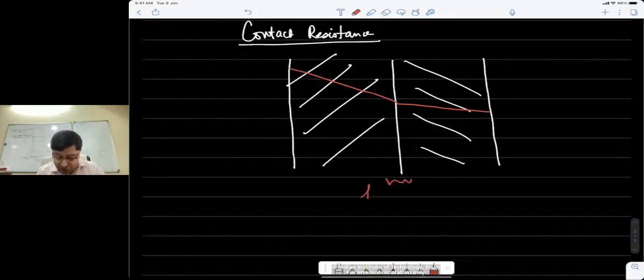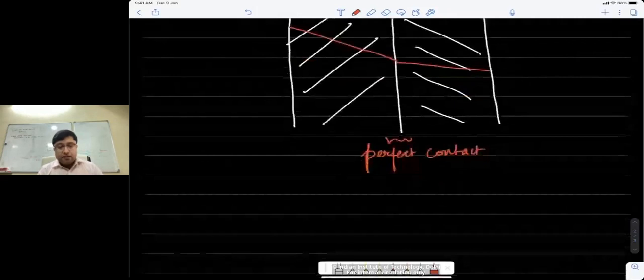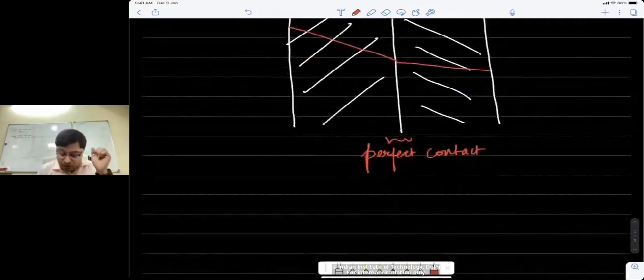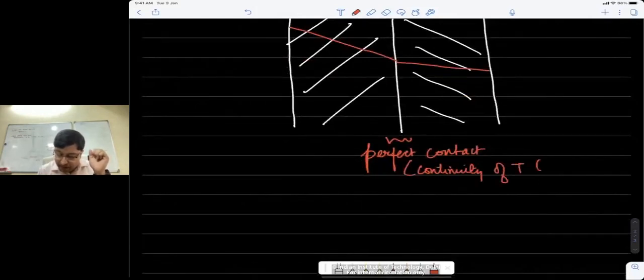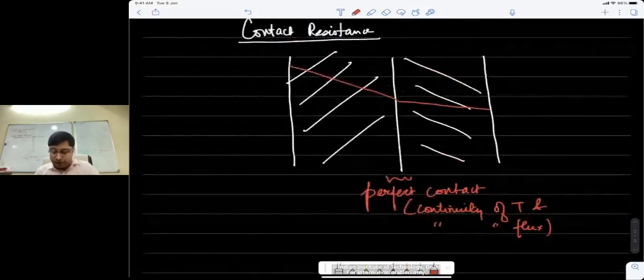So we have so far assumed what is called a perfect contact, and a perfect contact is one in which there is continuity of temperature and also continuity of flux. So remember, that's what we've been writing. That's a boundary condition from left to right.